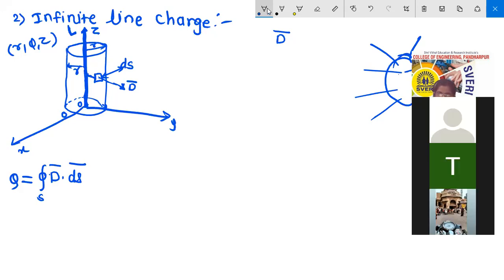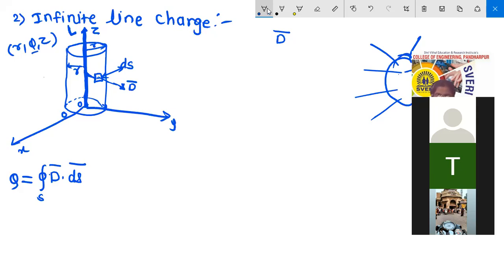R, correct. It is in the direction of R, because if I consider this is the center, then up to that surface is nothing but your radius, and in that direction only your D is there. Therefore this is in the R direction.